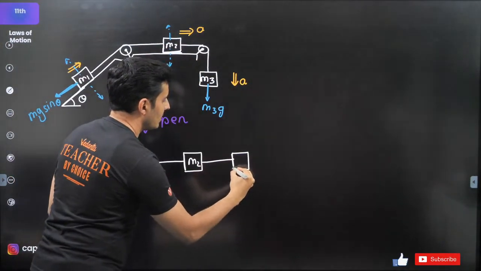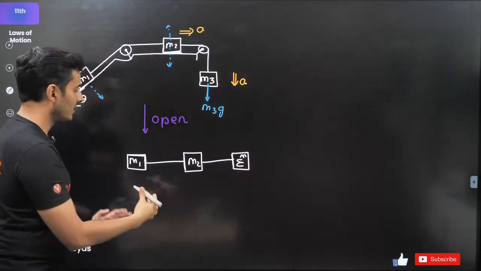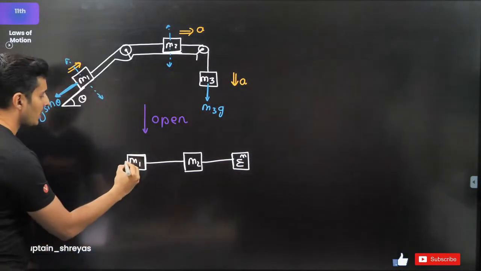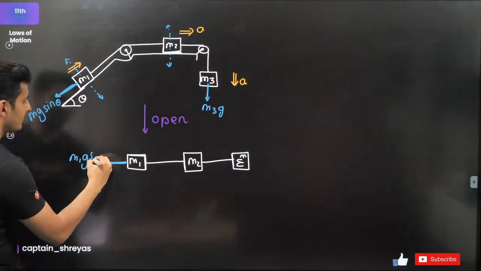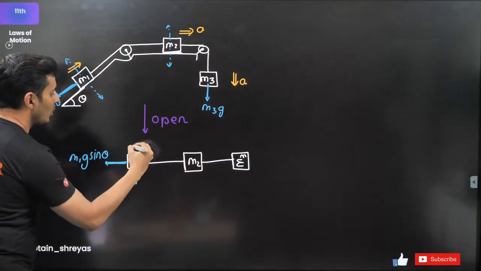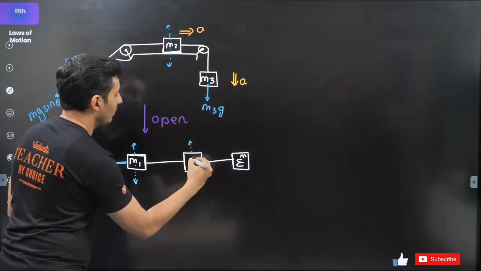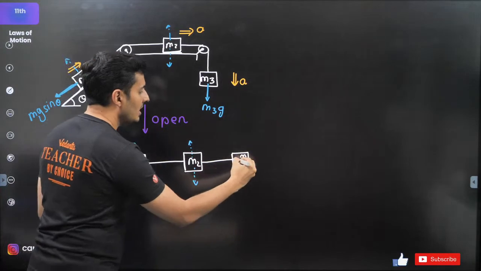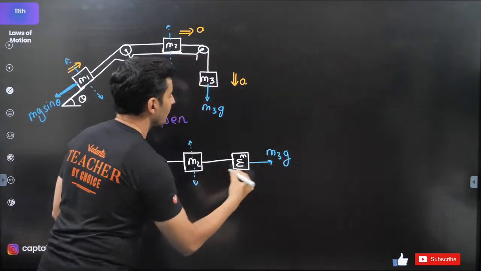So you're going to see this mass like this. This is your m3 mass. Now show the forces. This force will be m1g sin theta. I am not bothered about m1g cos theta or even this normal. Same way, I am not bothered about this normal or even m2g. Here, it's directly m3g. That's all.